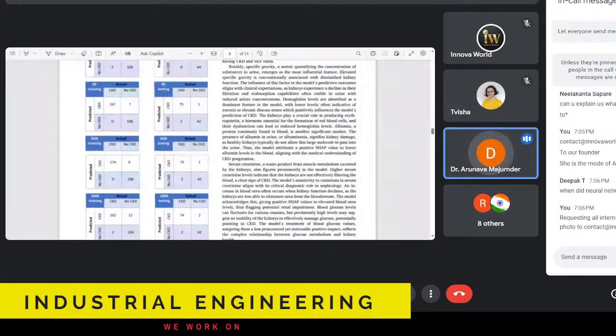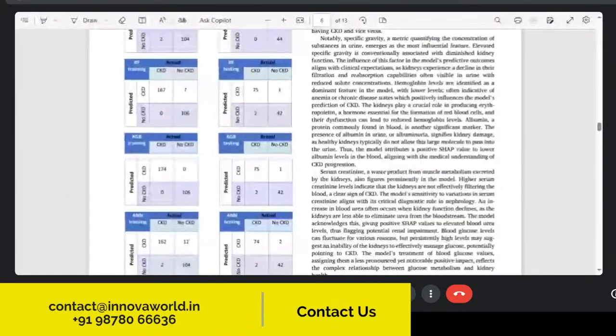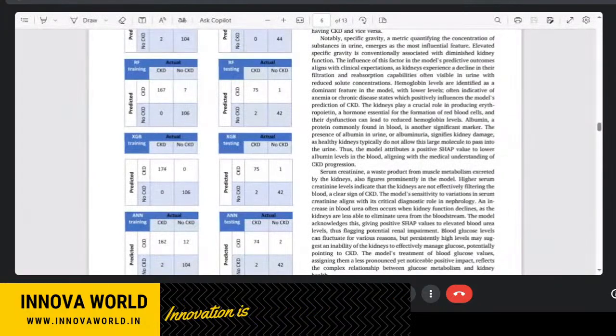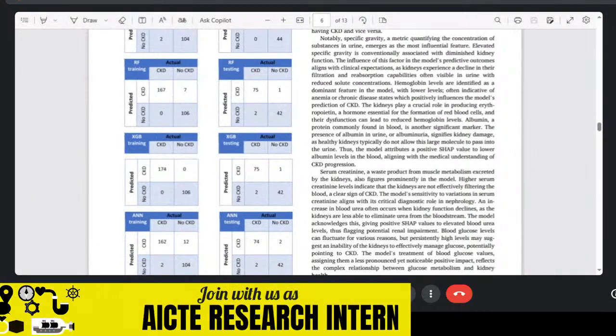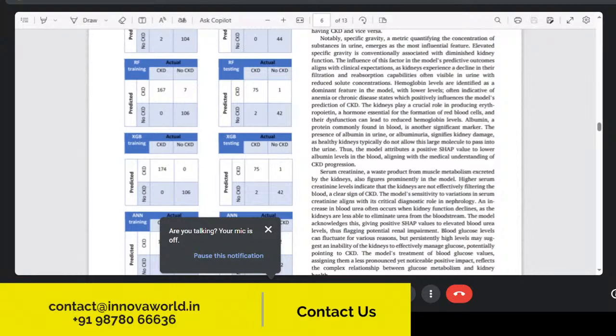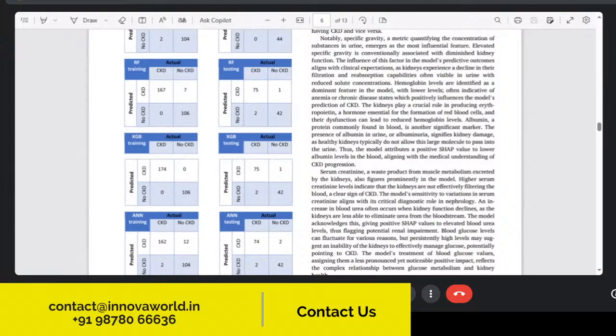After getting all the outcomes of the models, you have to find these matrices, that is, the confusion matrix, matrices of the confusion matrix, and ROC curves. These can be obtained for all ML techniques, for all categorical data.